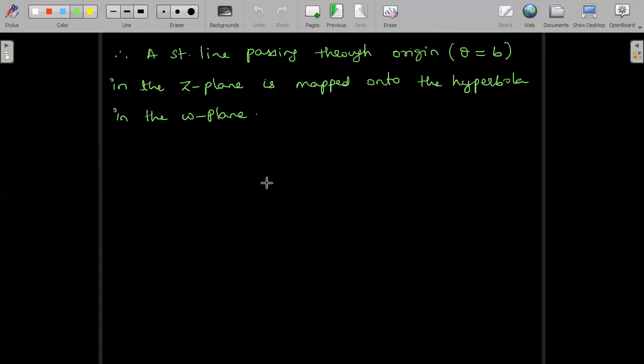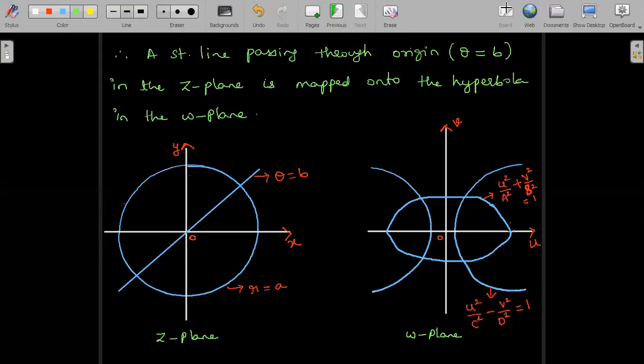Now let us see this mapping through the figures. Z plane to W plane, the mapping. Right, this is the mapping from Z plane to W plane. Let me explain this. We have taken case 1 as the circle equation r is equal to a, and we have seen that this maps onto an ellipse in the W plane. So I've drawn the ellipse for you. U square by A square plus V square by B square is equal to 1 represents the ellipse equation.